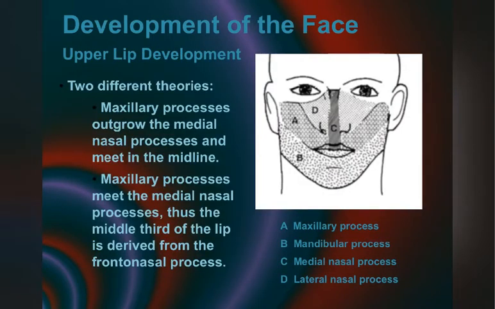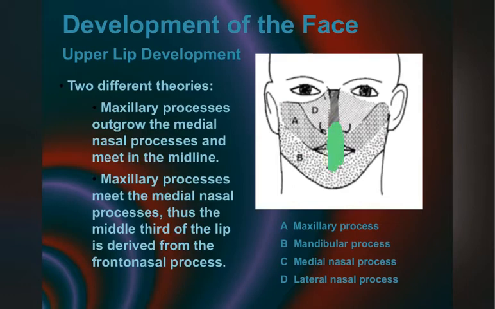Now we'll talk about the development of the upper lip. The upper lip is again another example of an embryologically mosaic structure. Part of it is derived from the medial nasal process and part of it from the maxillary process.